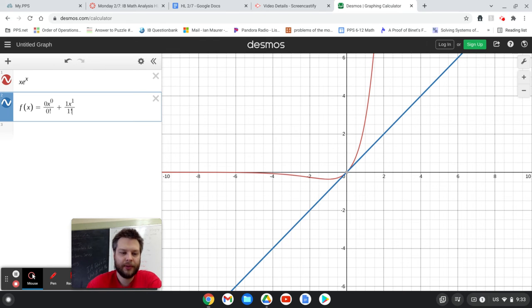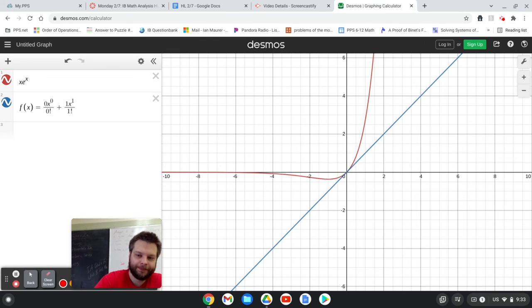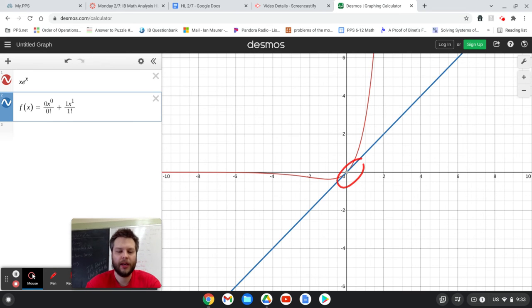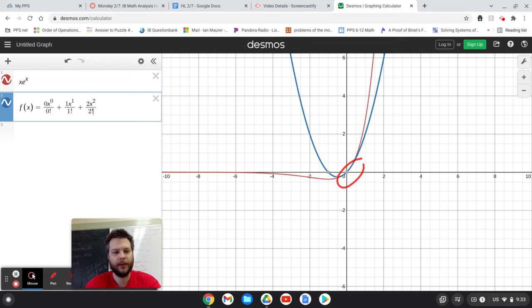If you look at the graph, you will notice that this is an approximation of the function for a very small interval. So then if I go back and add on the next term, we had plus 2x to the second, because it's the second derivative, divided by 2 factorial. And if you notice, the little circle that I drew got a little bit bigger. It got a little bit better.